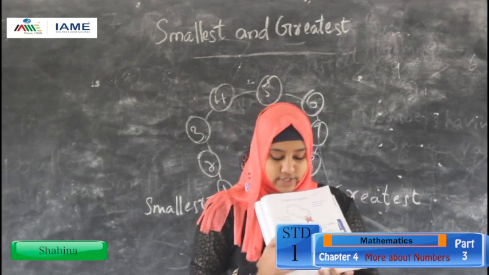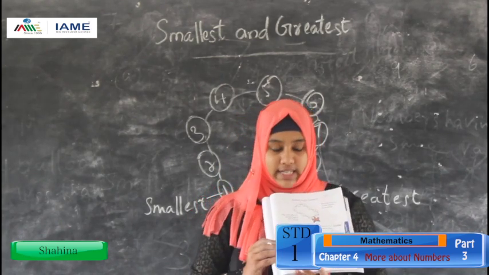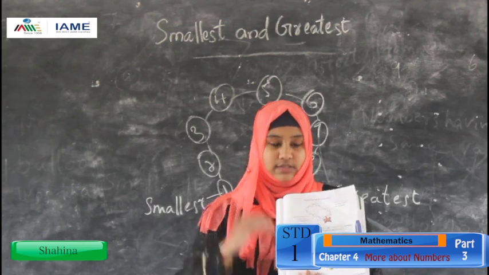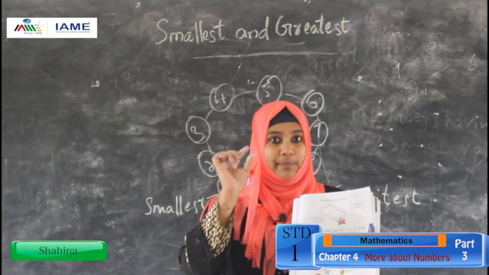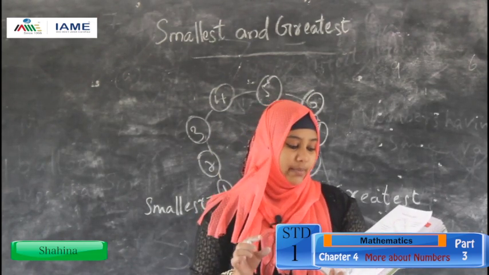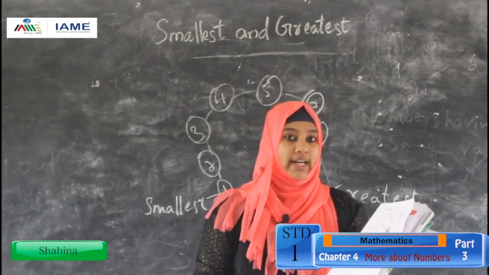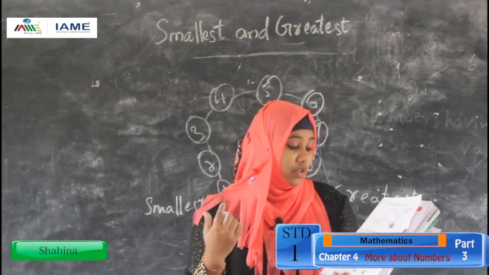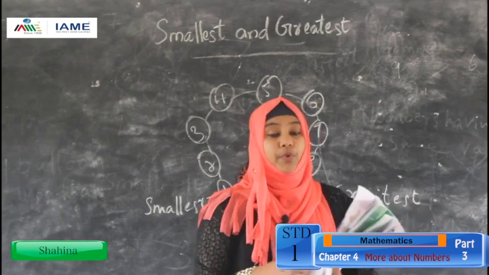Then you have to just look at this number bead necklace. You have to color the smallest number bead in red color and the greatest number bead in blue color.